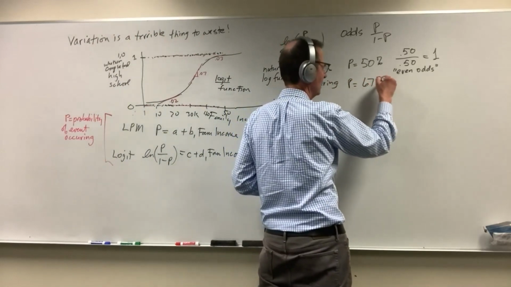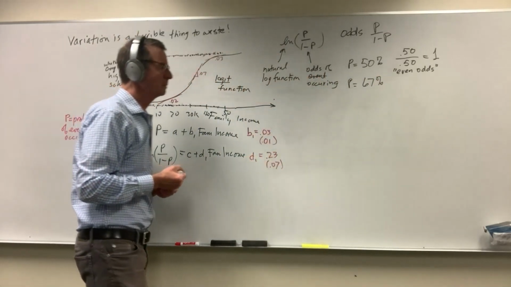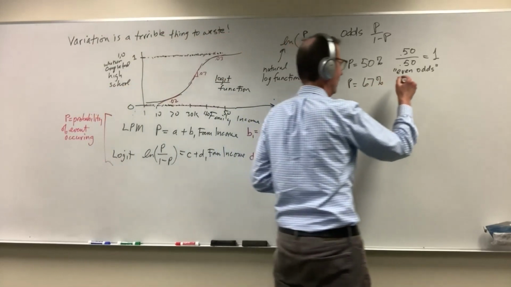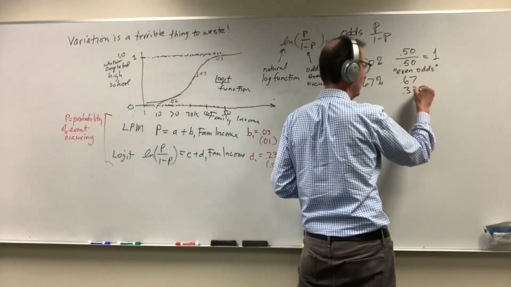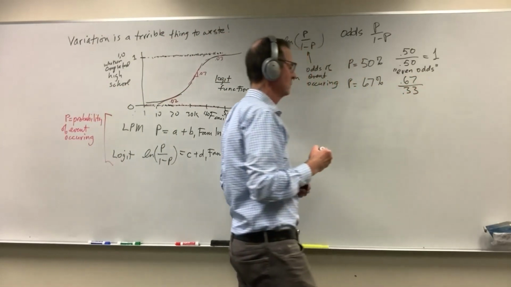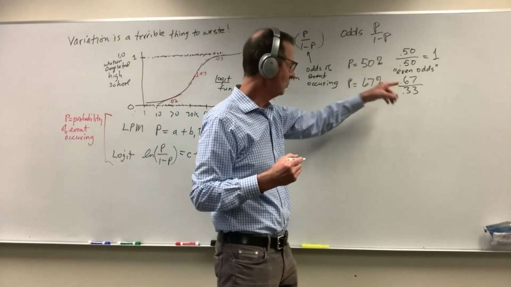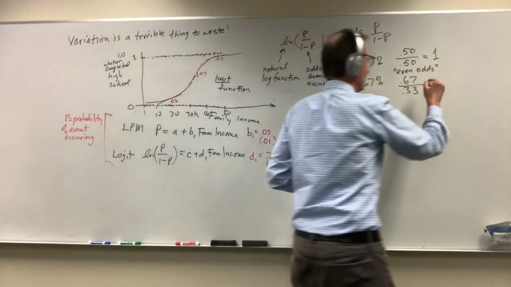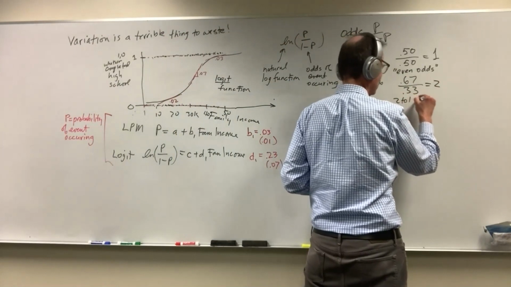Suppose you had a 2/3 chance of something occurring. Well, the odds would be 0.67 over 1 minus 0.67, which is 2, so 2 to 1 odds.